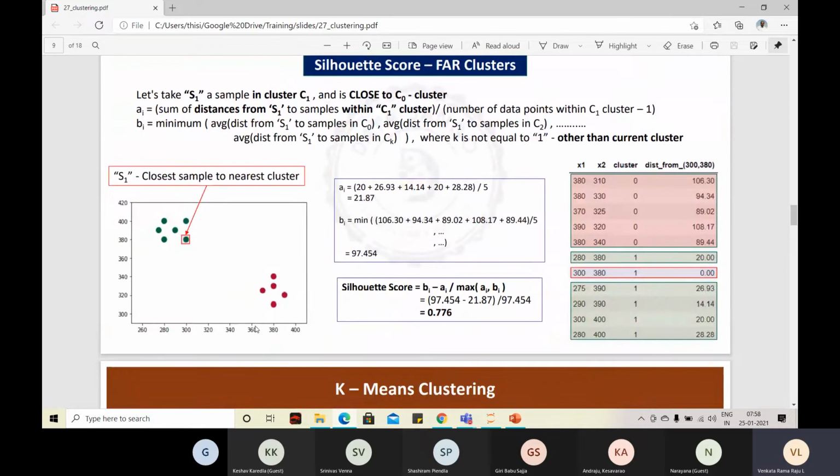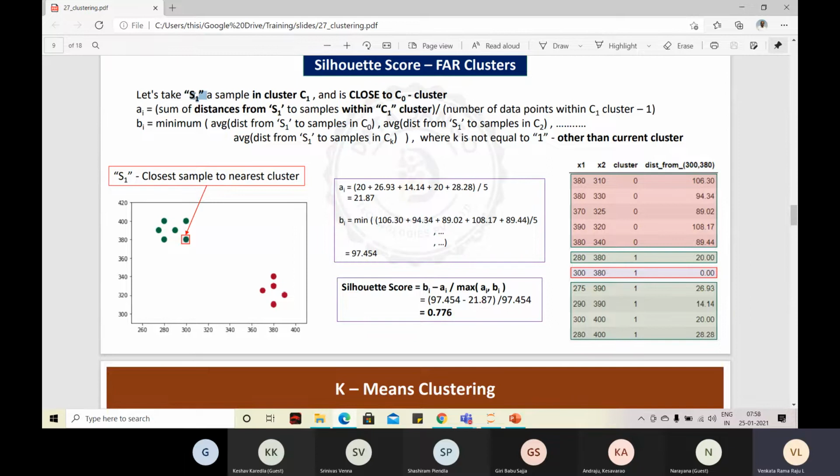But as a whole, the distances are used to calculate this particular score for each data point. Okay, how is this calculated? Let's take S1, a sample from cluster C1, which is close to C2 and C0. C1 is a cluster, C0 is another cluster.